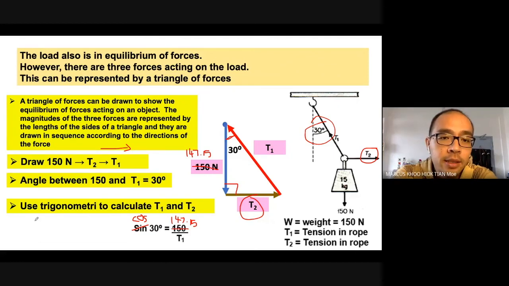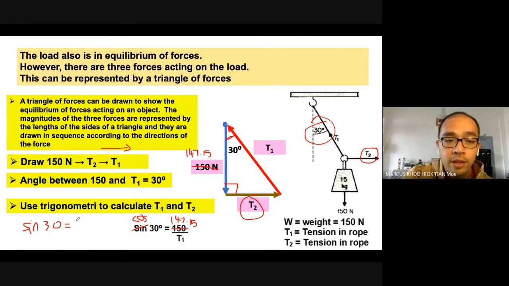Okay. Damir, you try with that method, and I want to suggest that since I know this angle, I will probably use sine 30. But Damir, you just calculate, then we can see if our answers are the same. So sine 30 equals T2 over T1.